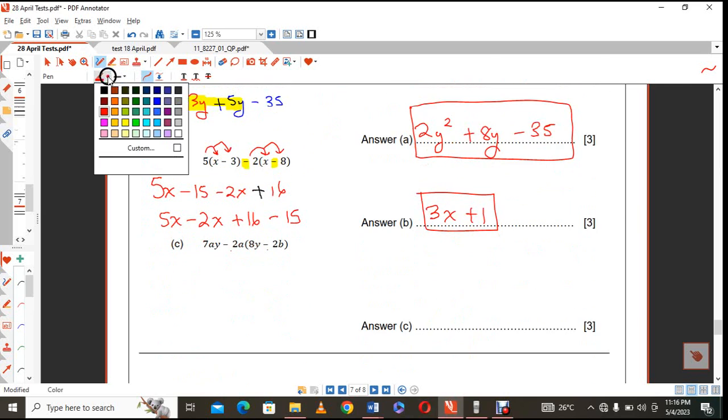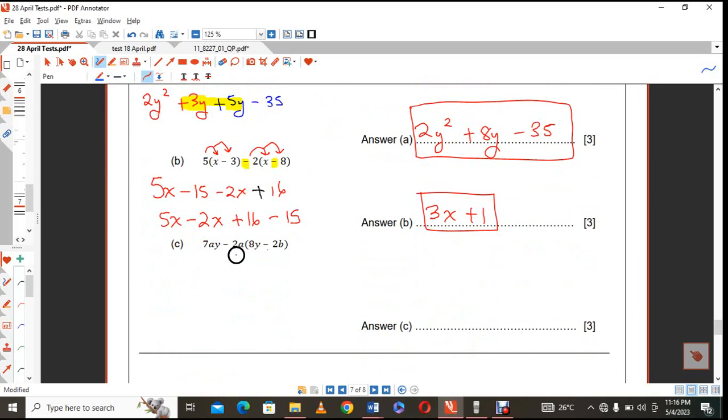When you look at the second one, again, it consists of two terms, but do you know you're supposed to also multiply that 2a into everything in the bracket, and you will still have the same scenario where negative times a negative. So 7ay minus 2 times 8 is 16ay. And a negative times a negative is positive 4ab. Now, these two terms are like terms here.